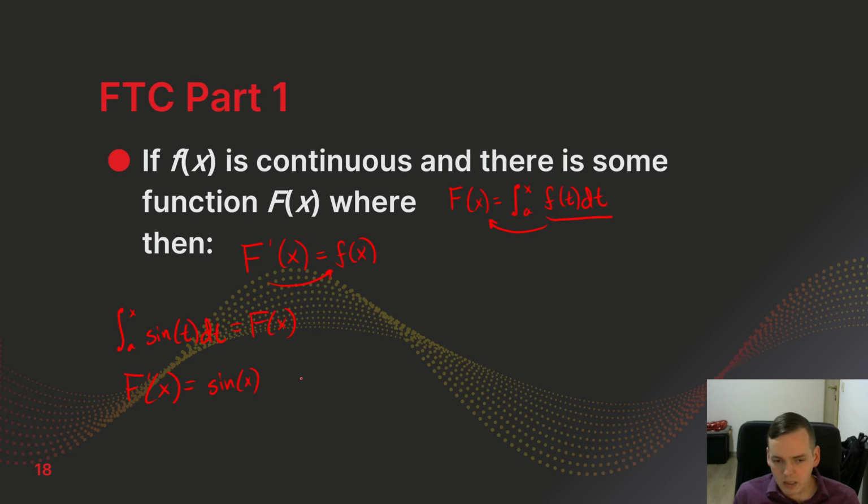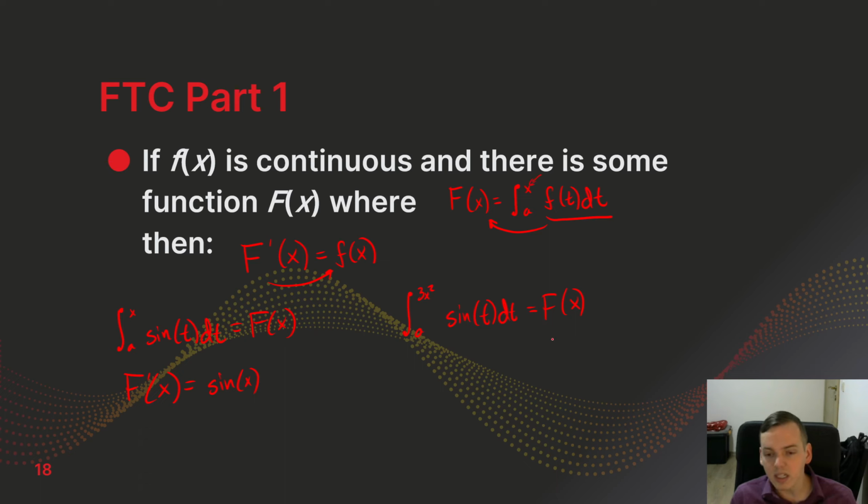Now, this is a little bit tricky because what if you don't have an x up here? What if you have something else, like the integral from a to 3x squared of sine of t dt equals big F of x. Well, this doesn't work if I don't have x, right? Because the fundamental theorem requires you to be integrating to x.